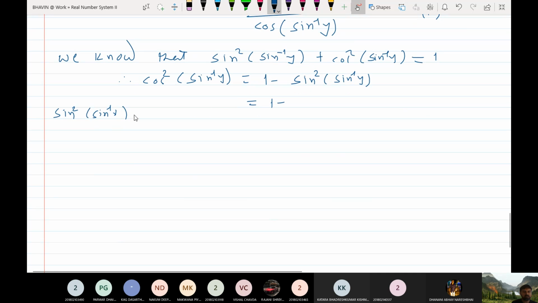How can you write this? This is nothing but sin of sin inverse, and you can write the square here also. So now this gets cancelled. Why can you do that? Because sin inverse is the inverse of the sin function. Okay, so this is an identity.